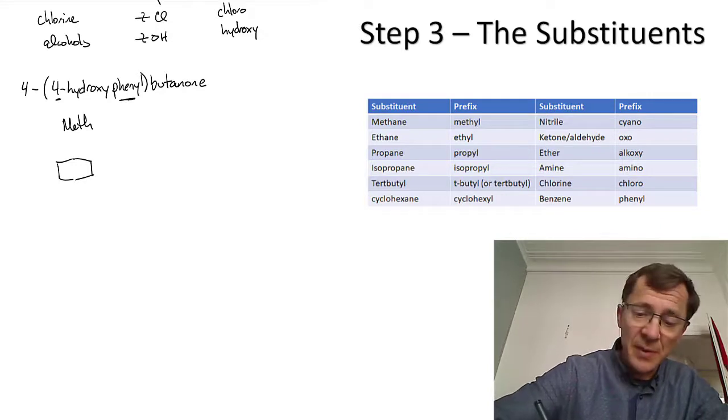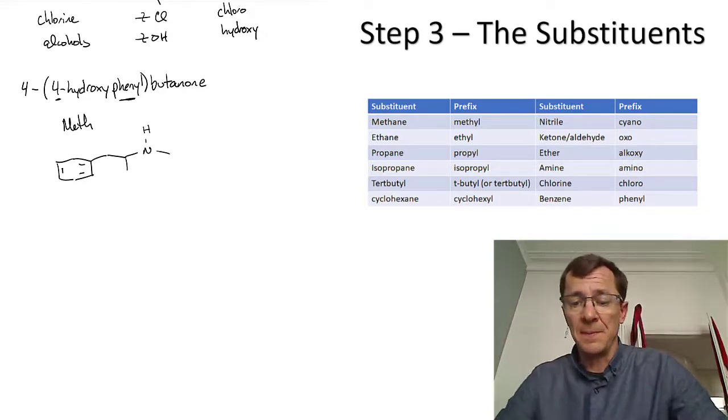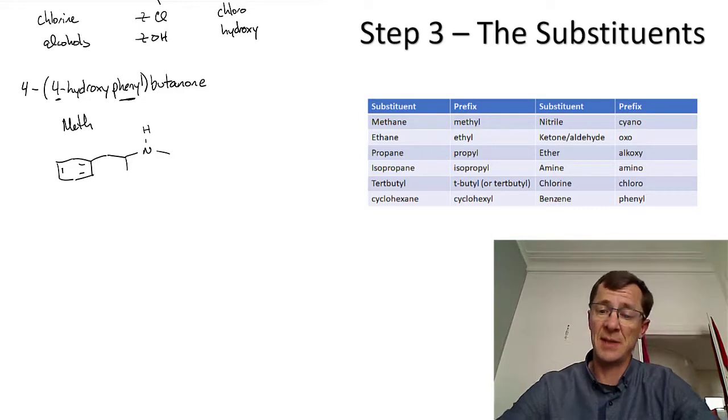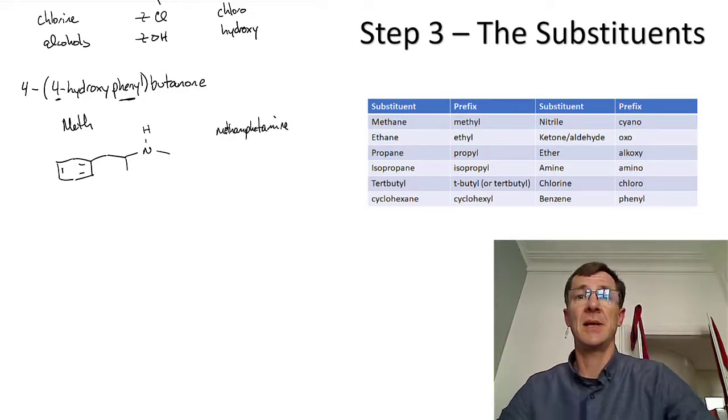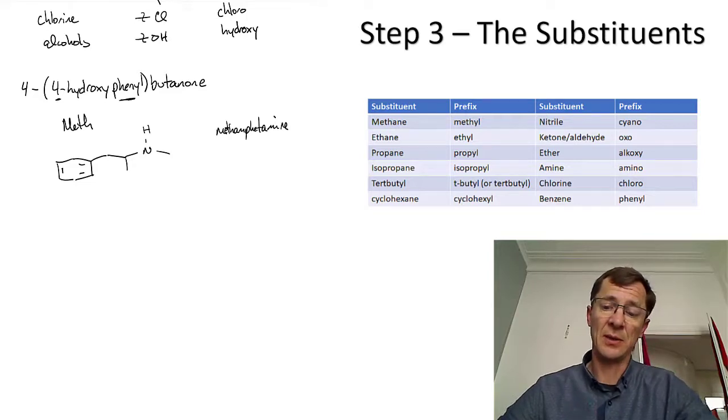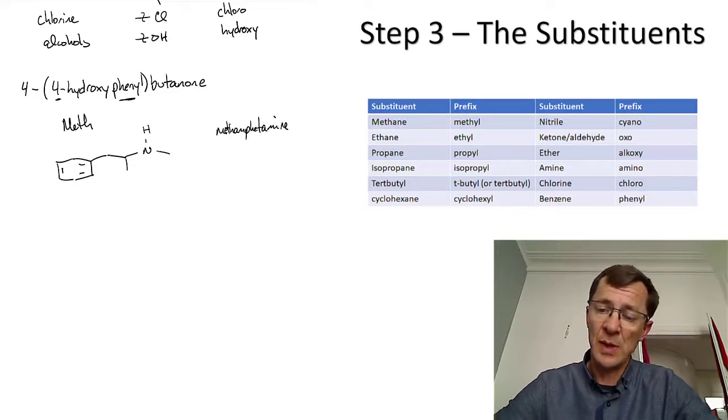or N-methylamphetamine. Now, this is a first step into this one, so why don't we go through it tiny bit by tiny bit. If I look at this molecule, the clear functional group is that it is an amine.